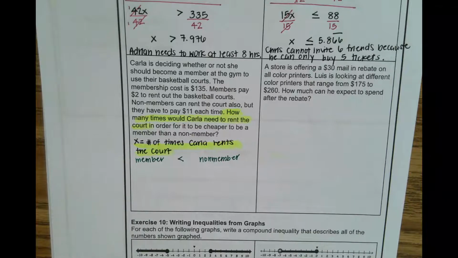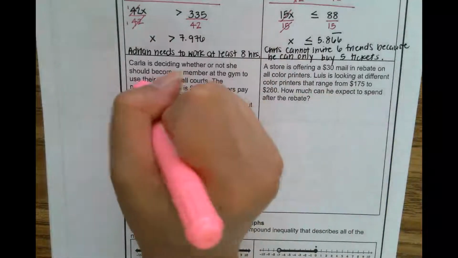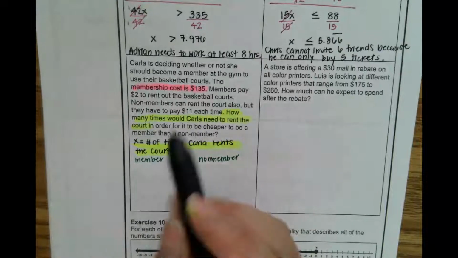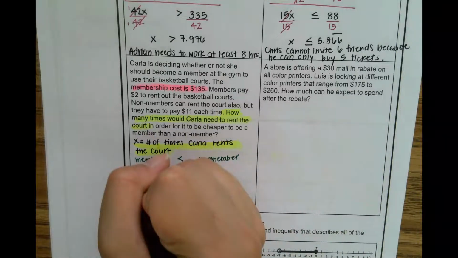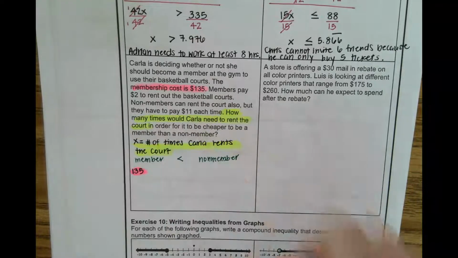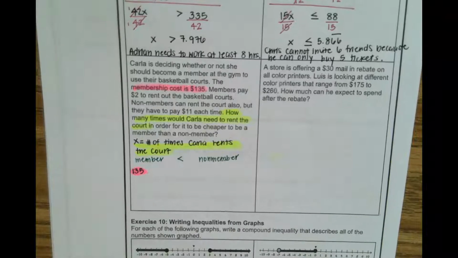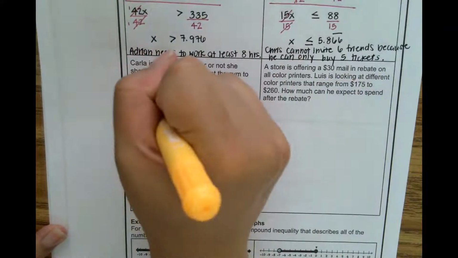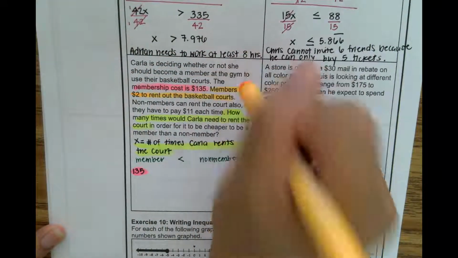Members have to pay a membership cost, and that happens to be $135. Members also have to pay to rent the court. It costs them $2 to rent it out.